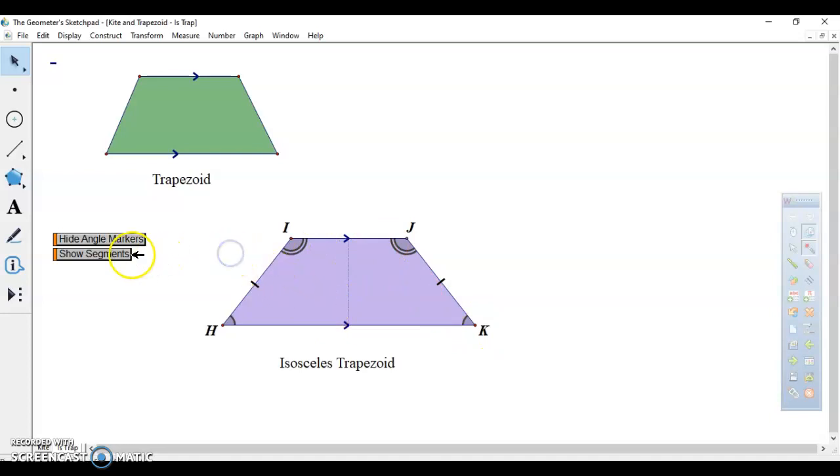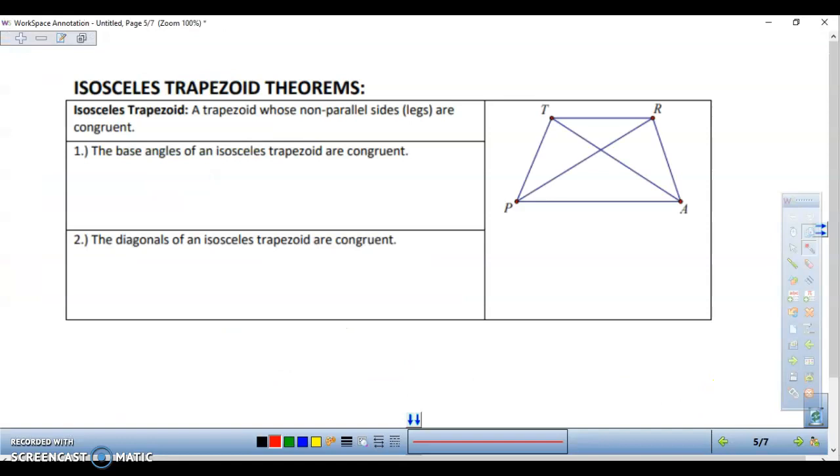The other thing is that if I were to draw the diagonals, which I'm going to show you here, you'll notice because of symmetry, those would need to be congruent as well. So those are the two theorems about trapezoids. First, the base angles are congruent. So here's my trapezoid. So that means that angle TPA will be congruent to angle RAP.